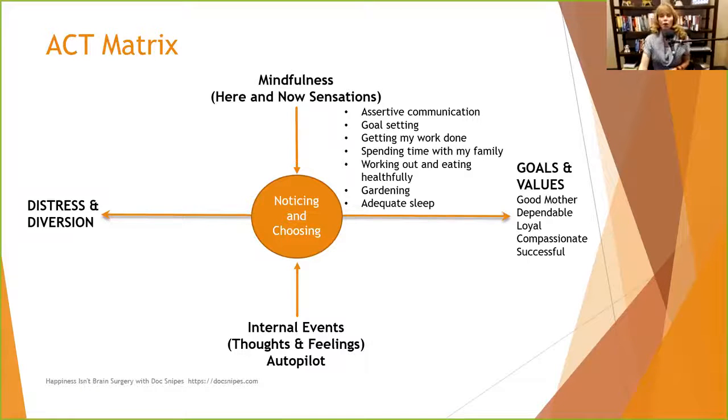Working out and eating healthfully, that's important to me. And when I don't do that, I tend to be kind of unpleasant. So that's important for not only relationships, but also for health and just being there and being able to focus at work and being able to be productive and positive in a relationship.